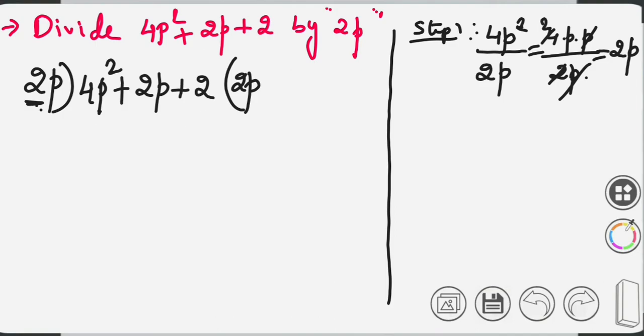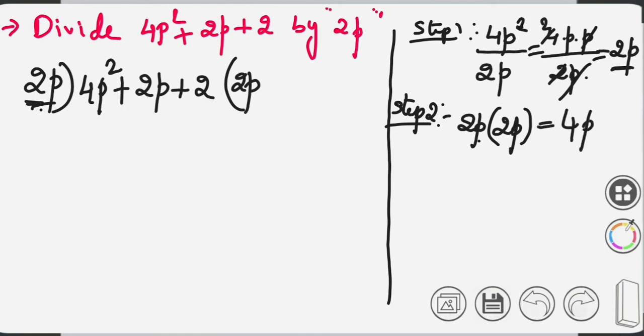Okay. Step 2. What we have to do in step 2? Take this term 2p and multiply with the divisor, that is also 2p. So 2p into 2p, you will get 4p square. This polynomial you have to write here. While writing, observe that similar terms you have to write in similar positions.